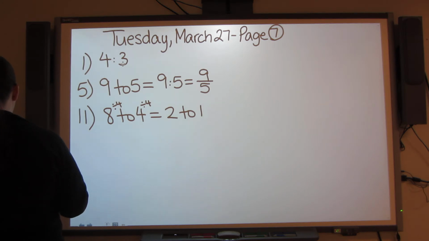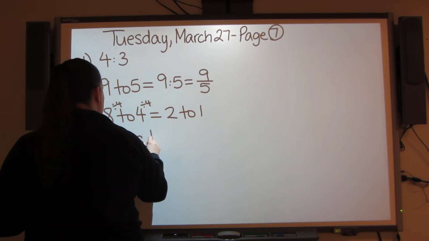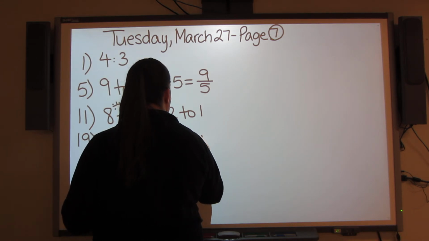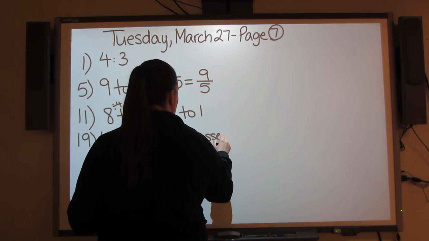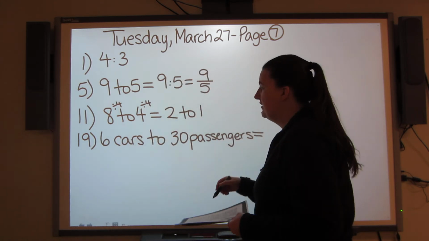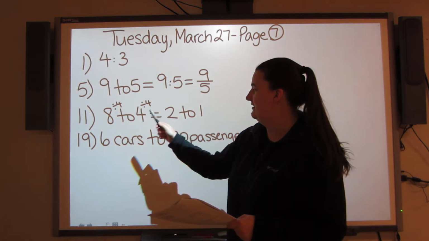So let's also do number 19. It says 6 cars to 30 passengers. So you have to find a number that you can divide into 6 and 30.